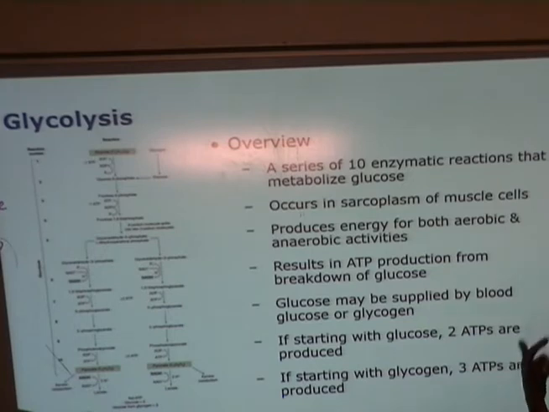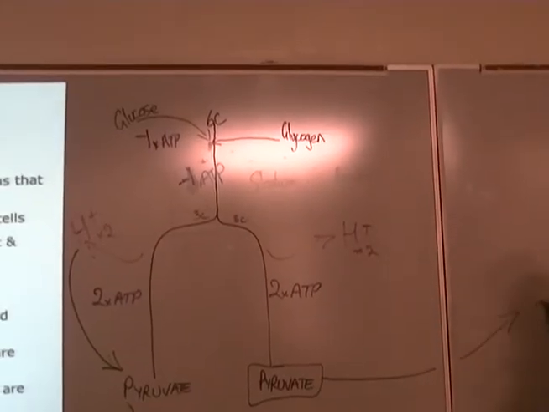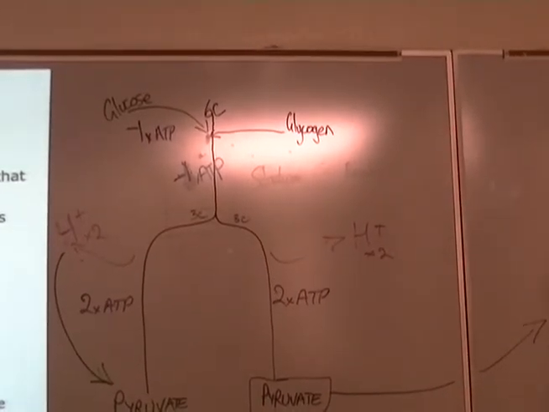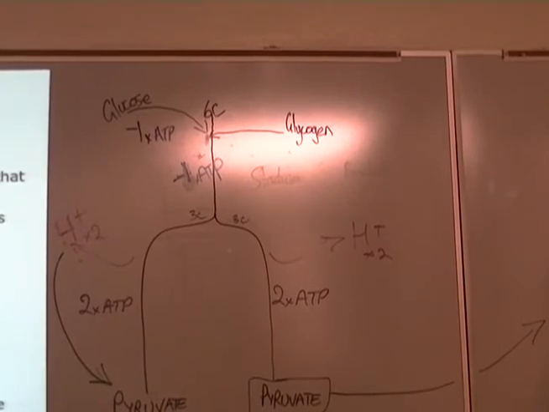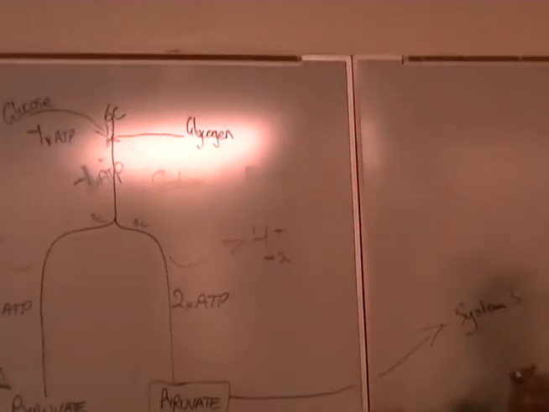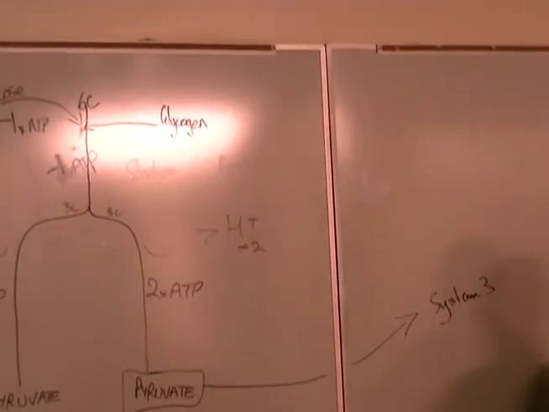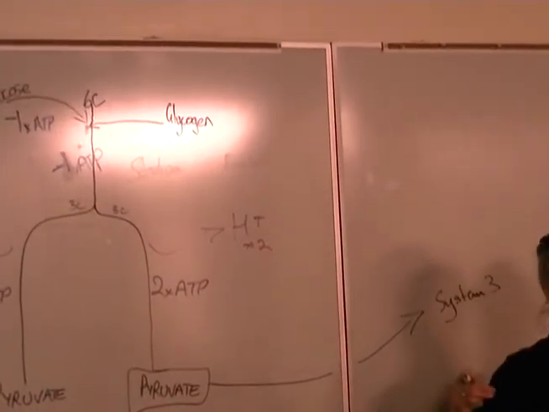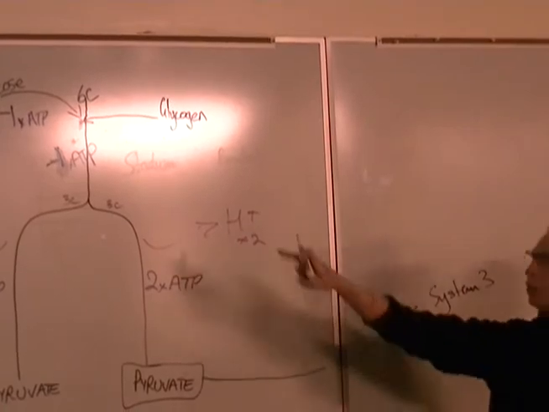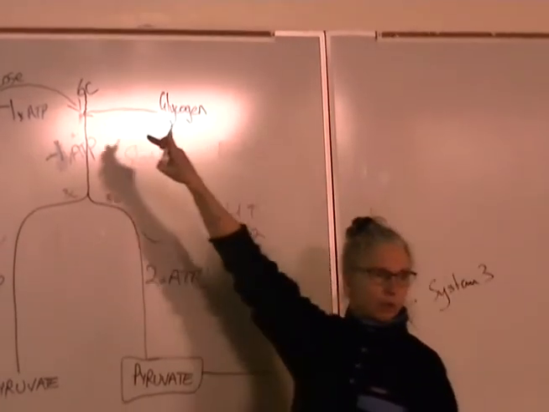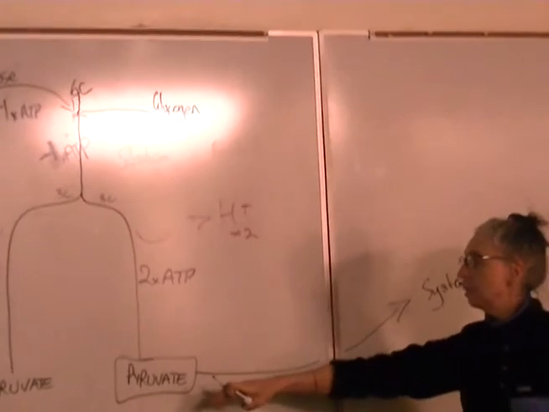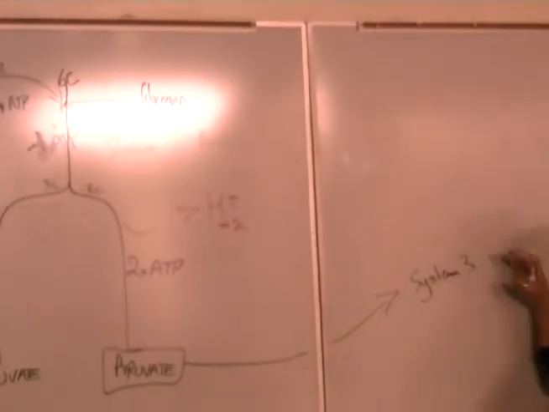When we move into chapter 3, we're going to find out that this pyruvate can also be the carbohydrate for system 3. So when we say we can use carbohydrate anaerobically or aerobically, when we're using carbohydrate aerobically, we're not using glucose and glycogen directly, we're using the byproduct of glycolysis.